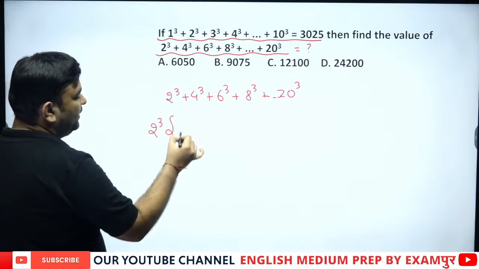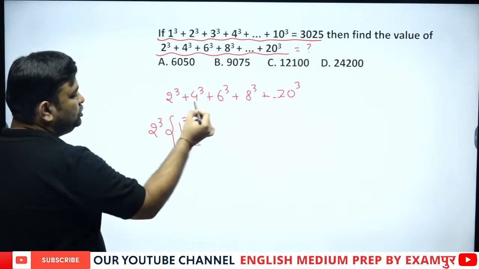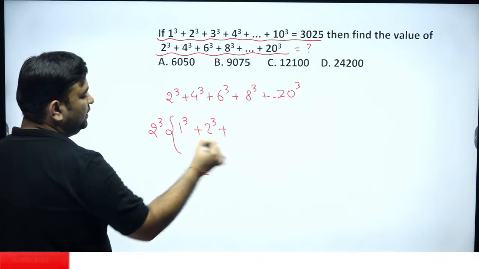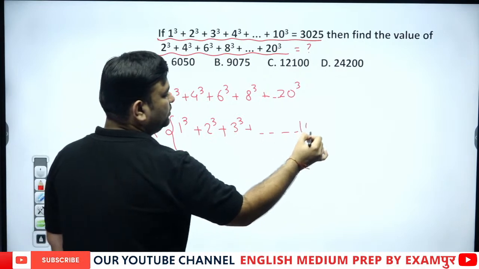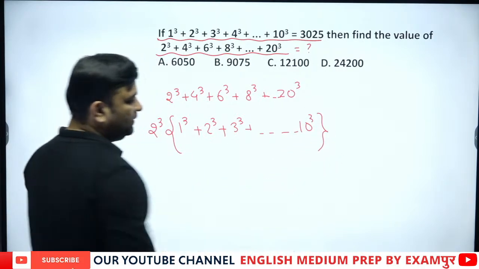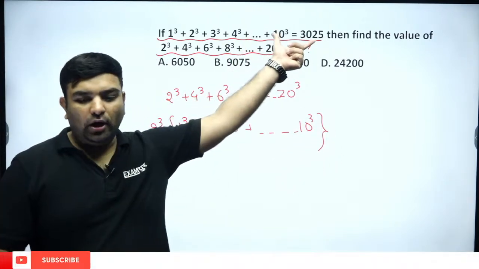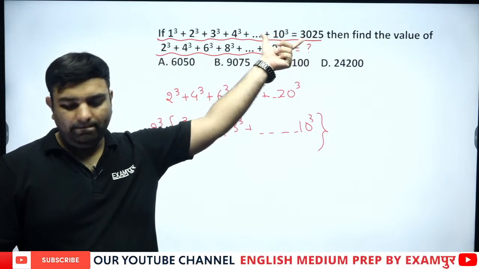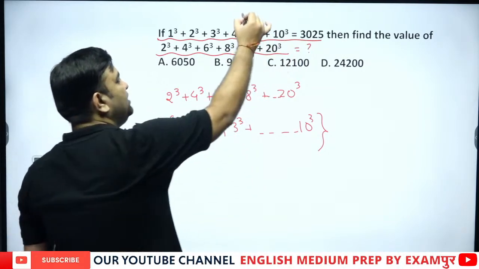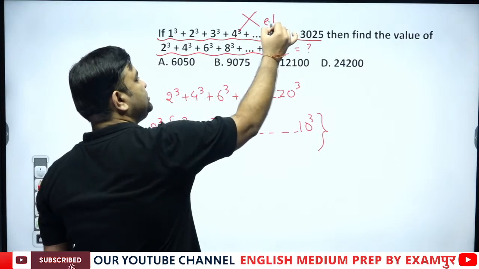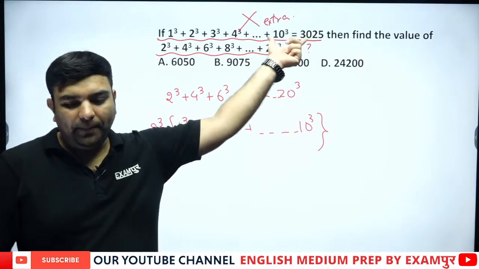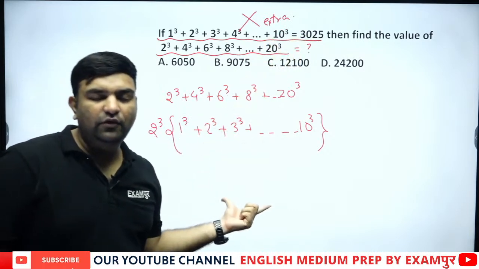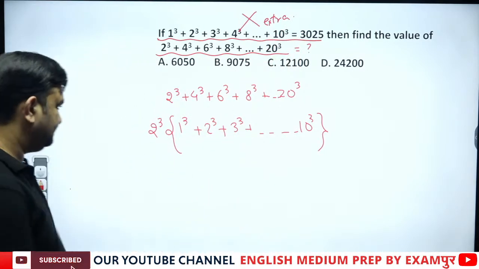So it will become 1 ka cube, 2 into 2, 2 into 3, 3 ka cube, up to 10. If this value had not been given, still we would be able to find out this answer.